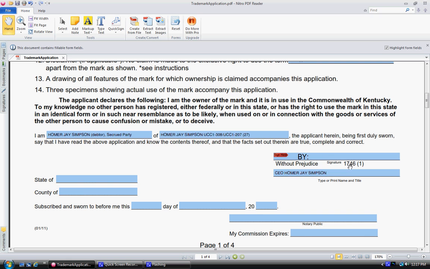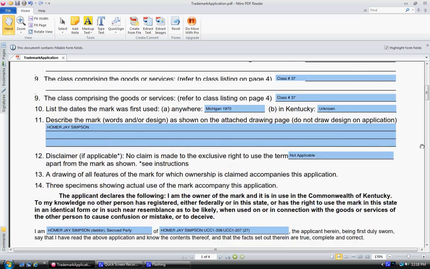I did have this over here, but it was falling on top of the signature, and I didn't want to say, well, I don't understand what that means in case anything comes up. So I moved it over here, so it's clear as day. They can see it, and so there'll be no mistake. I don't understand why these are in parentheses. I have to look that up. I haven't looked that up yet. But it's good to know everything as you go on through here.